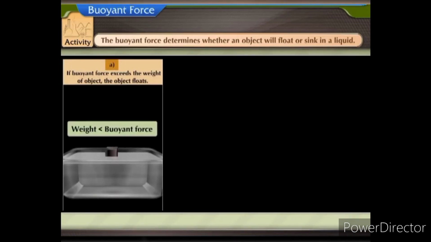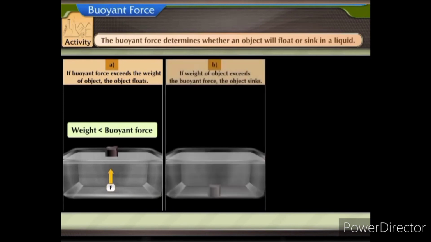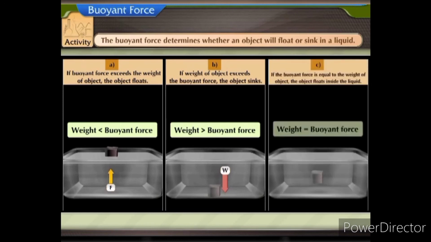A. If the buoyant force exceeds the weight of the object, the object floats. B. If the weight of the object exceeds the buoyant force, the object sinks. C. If the buoyant force is equal to the weight of the object, then the object floats inside the liquid.